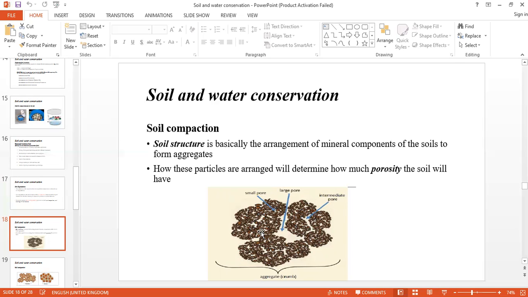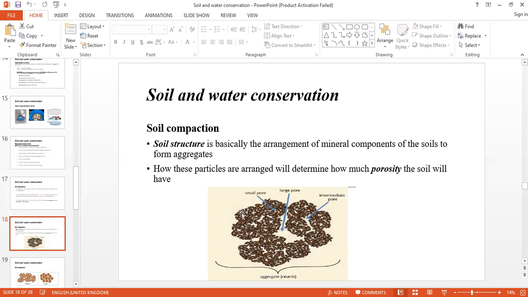These ones are what we referred to as porosity in yesterday's lecture. This is where you have air and water, in these pore spaces.